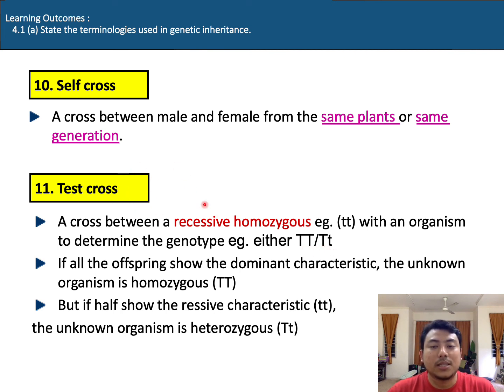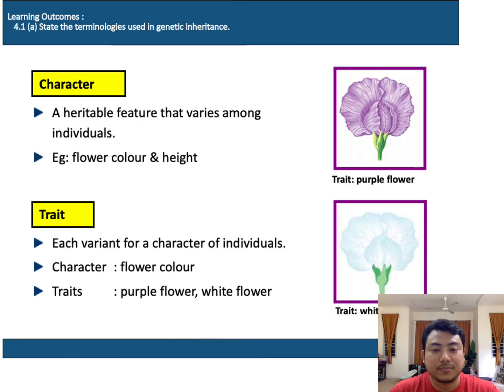But don't worry, this test-cross we will discuss in detail later. So if all of the offspring show the dominant characteristics, the unknown organism is homozygous. But if half show the recessive, the unknown organism is heterozygous.